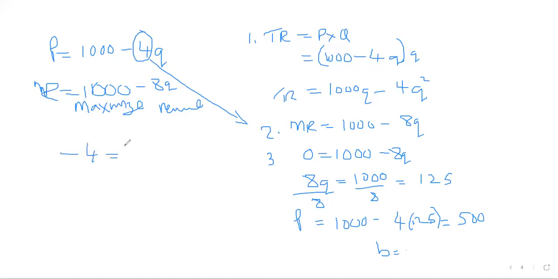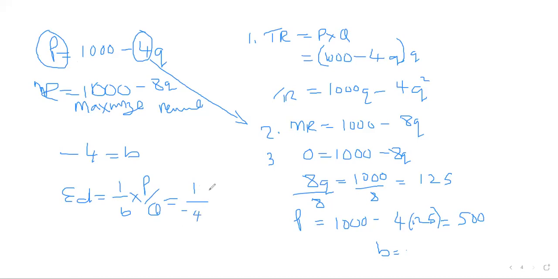To calculate the elasticity of demand, the formula is simply, once P is the subject of the formula, we use the inverse demand, 1 over B times price over quantity. So our B is -4.